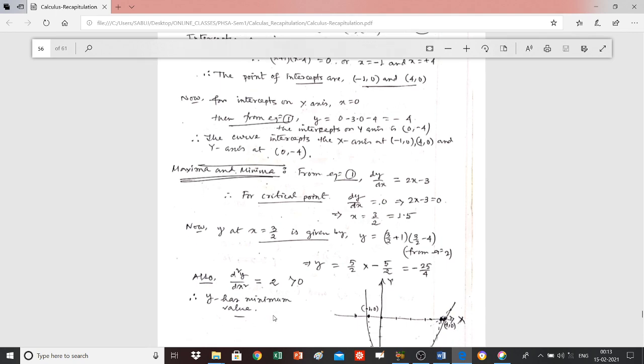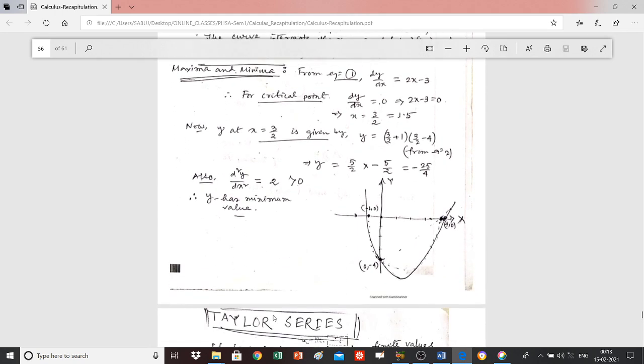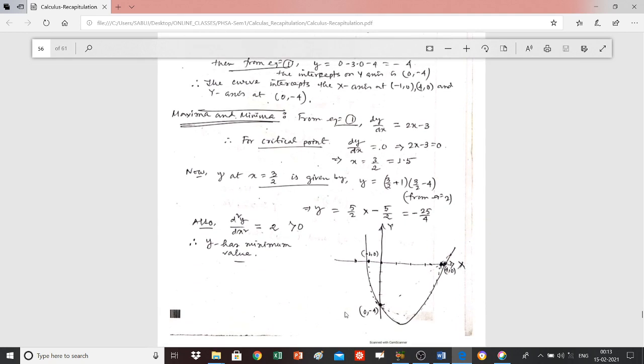So now we have to plot this graph. Here the points of intersection are minus 1, 0 and the other one is 4, 0. So this point and this point should be joined. Now the point of intersection on the y-axis was 0, minus 4. So just connect this.